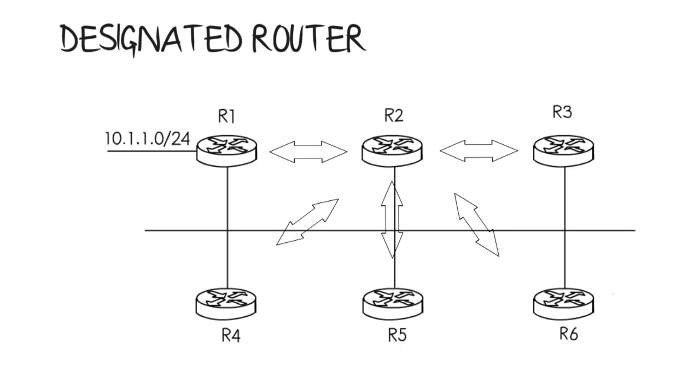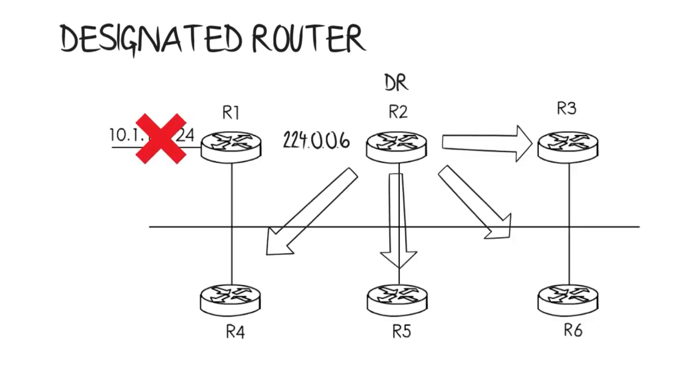So in other words, R4 and R5 will not update each other, neither will R5 and R6, and so forth and so on. All routers will only update the designated router and backup designated router with changes in the topology. So they have a full relationship to the designated router. This allows for the saving of updates and duplicate traffic on a single segment.